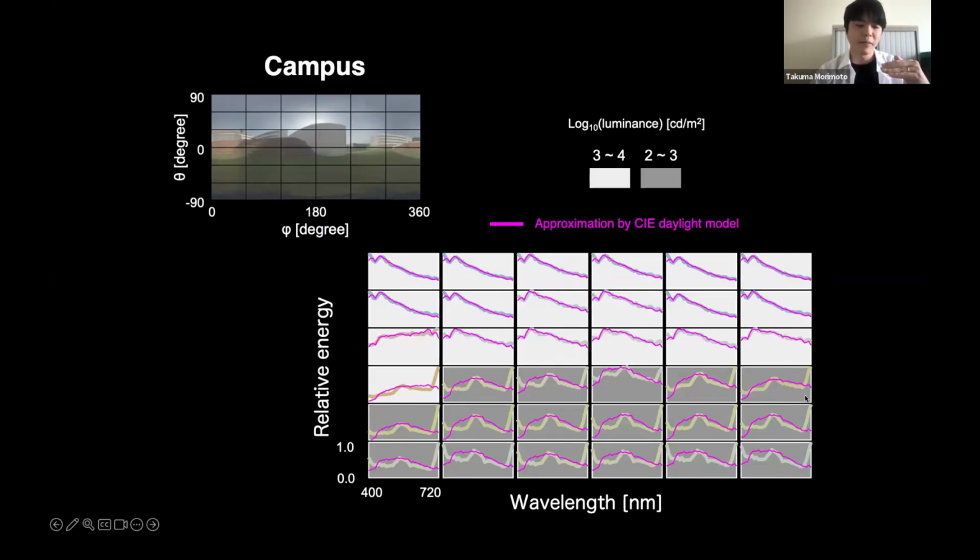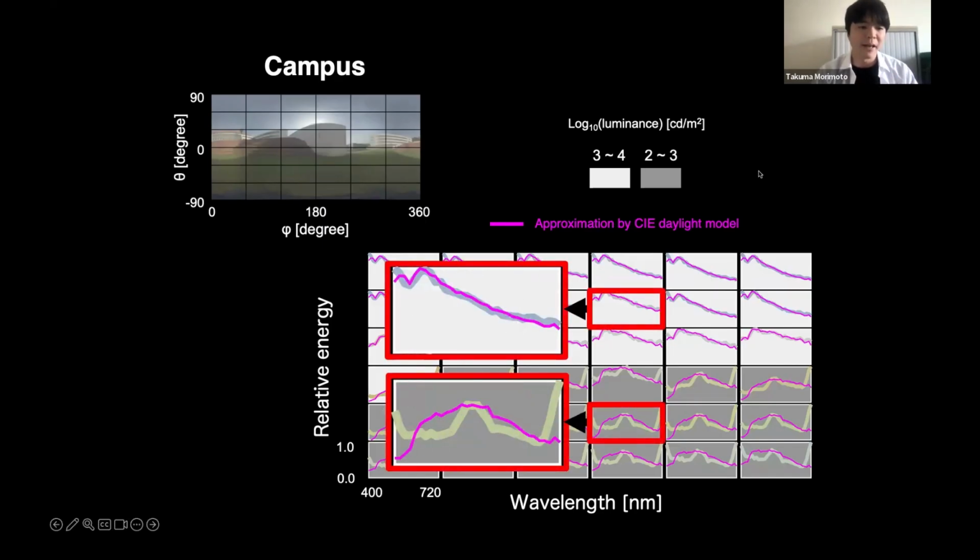But the spectra from below, that's interreflection, and the CIE daylight model basically doesn't work well. One thing I want to note here is that the CIE daylight model is widely used, but it does not account for all the variations we observe, even in outdoor environments.